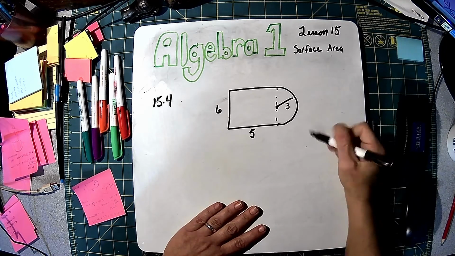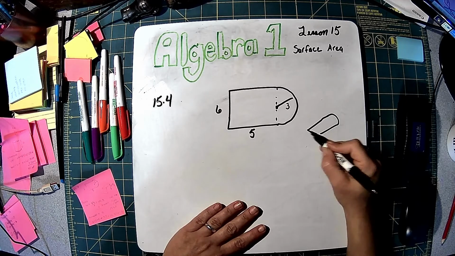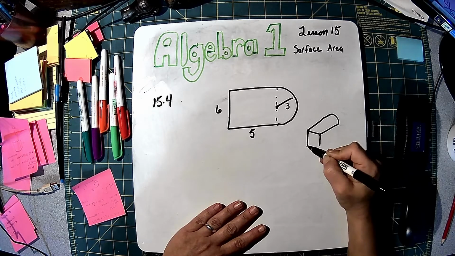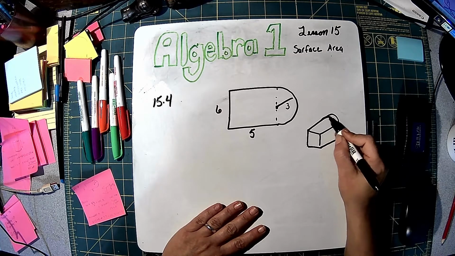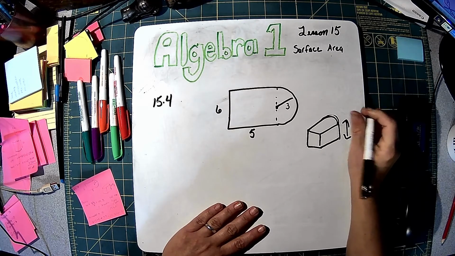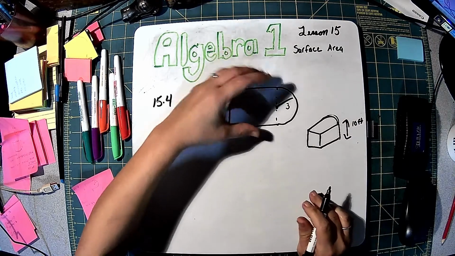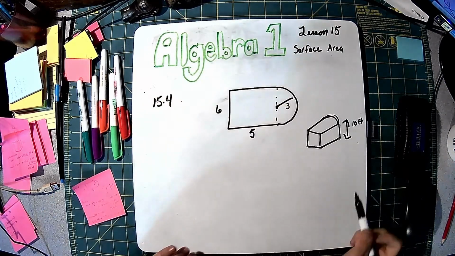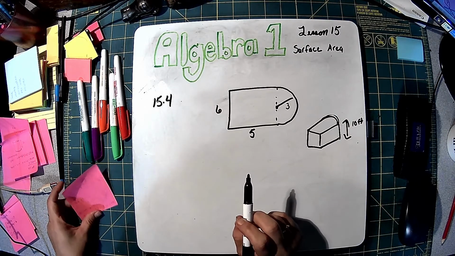It looks like a loaf of bread to me. It's a little loaf of bread, and then it is 10 feet high. So that's the base of it, and then it's coming up 10 feet. My drawing's not very good. Just look in the book, and their drawing is better.